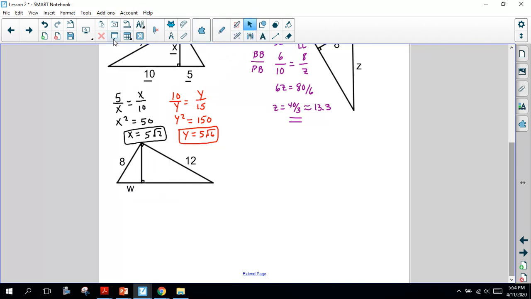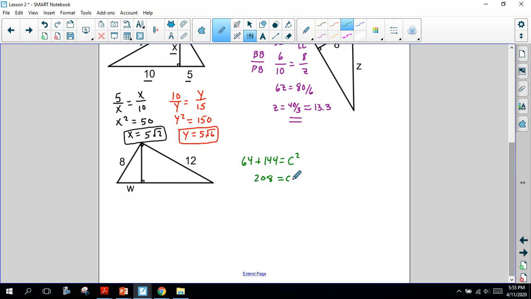So let's give this a quick go. All right, so a squared plus b squared equals c squared. So a squared of 64 of Papa Bear plus the b squared of 12 squared, which is 144, is equal to c squared. 64 plus 144 gives me 208.